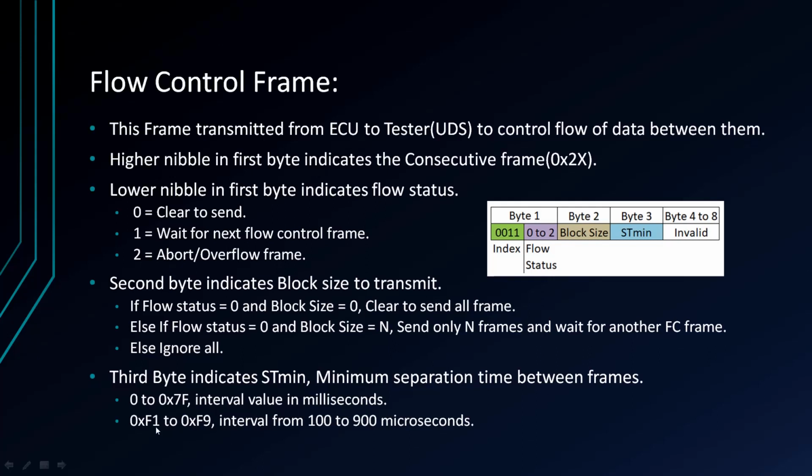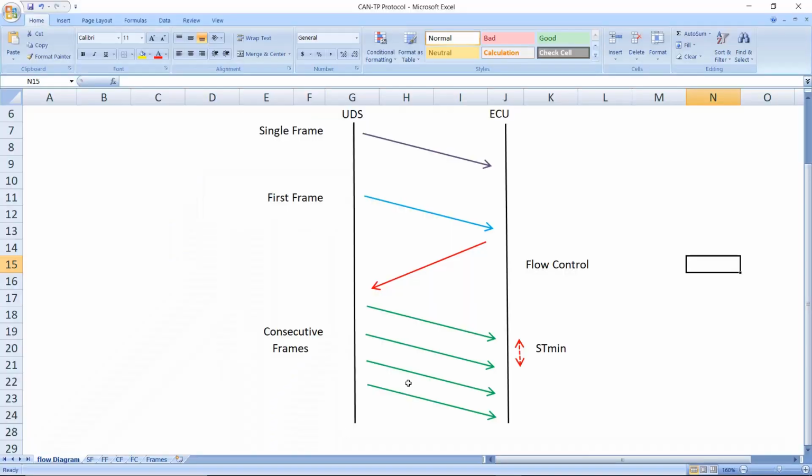If the value is F1 to F9, it means 100 to 900 microseconds, so you need to wait that long and then send the data, so that the ECU can process.